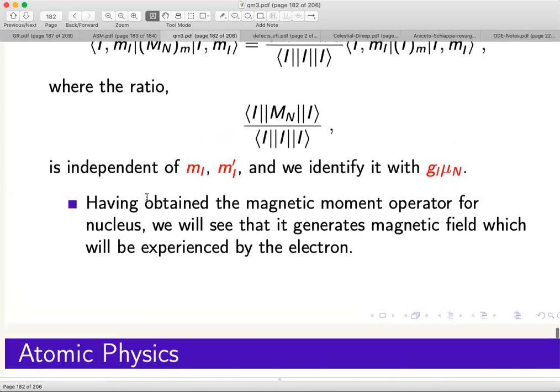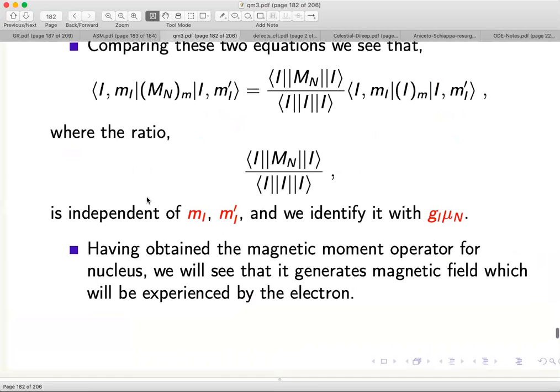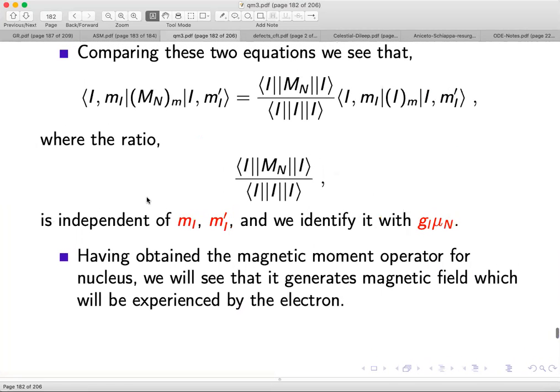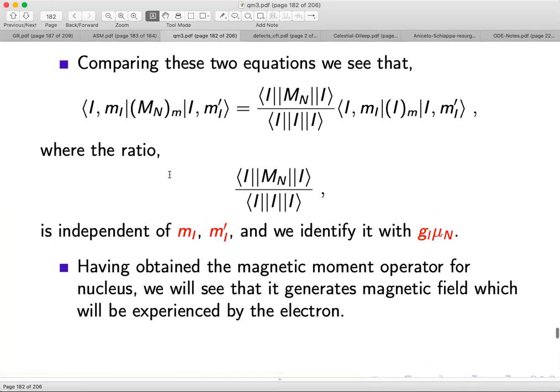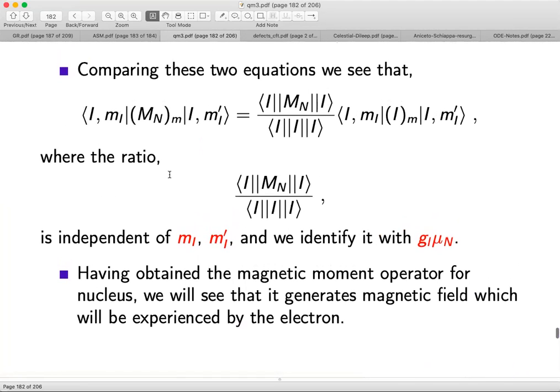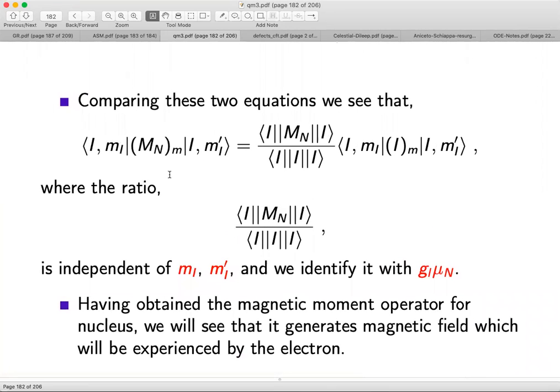So this requires the magnetic moment operator also to commute with the Hamiltonian. Magnetic moment operator to commute with the Hamiltonian? Yeah. In the nuclear case, of course it does, because the magnetic moment operator is written in terms of a combination of the angular momentum operators, and every angular momentum operator commutes with the nuclear Hamiltonian.